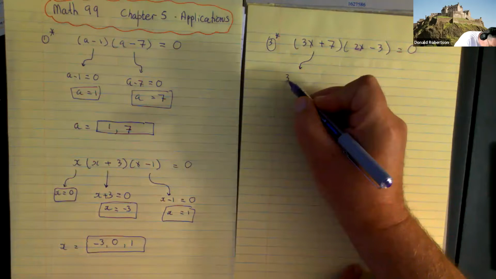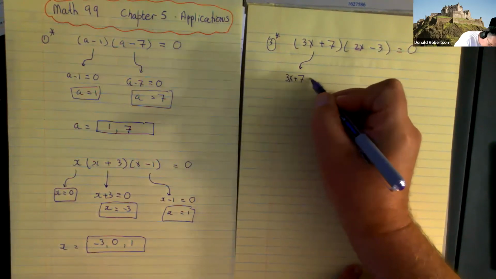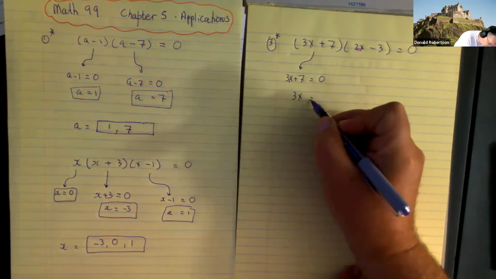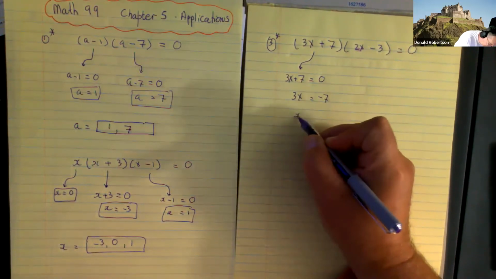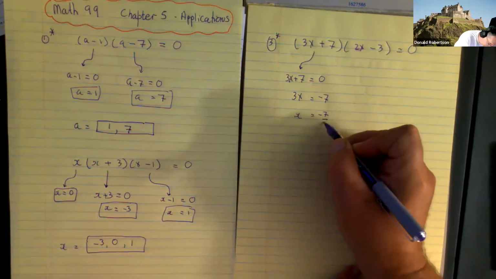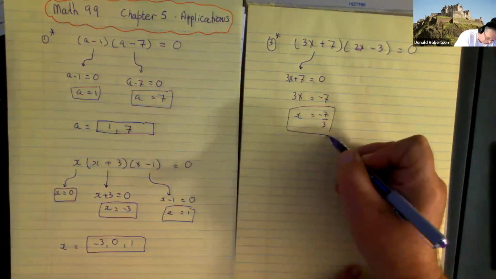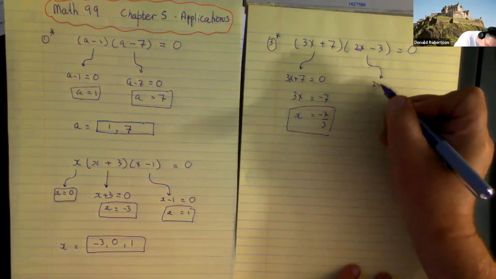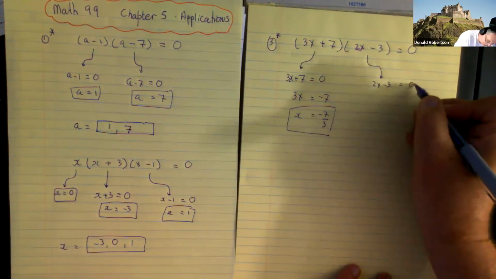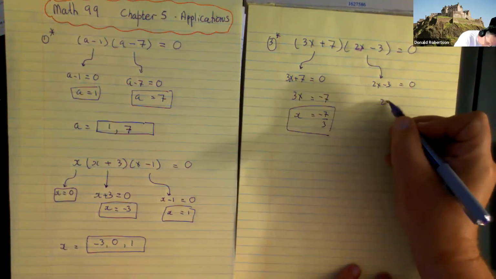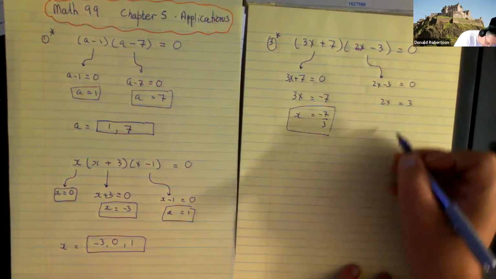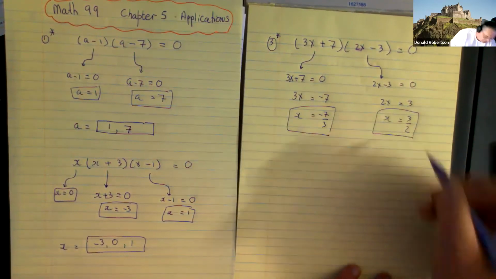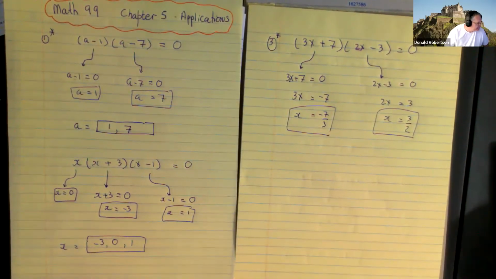This leads us to either the first factor is equal to 0, and to solve this, I'm going to subtract 7 from both sides and then divide both sides by 3. So there's one solution to this equation. The other factor could also be 0. I'm going to add 3 to both sides, and I'm going to divide both sides by 2. And there are your 2 solutions.